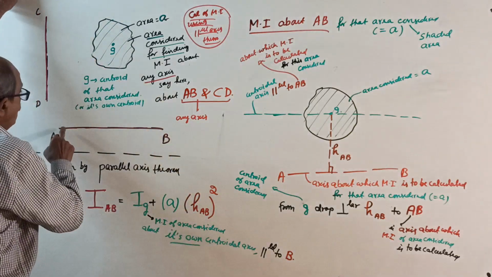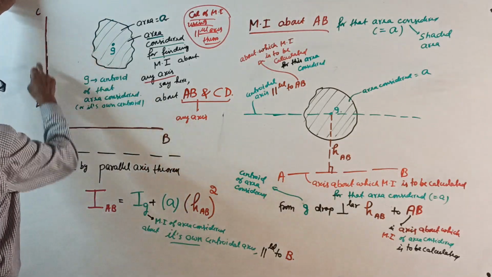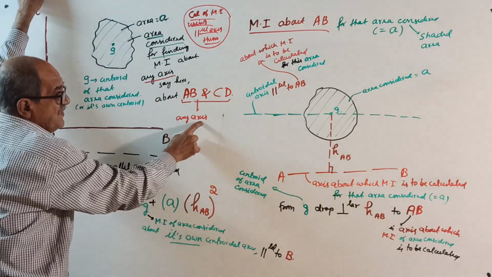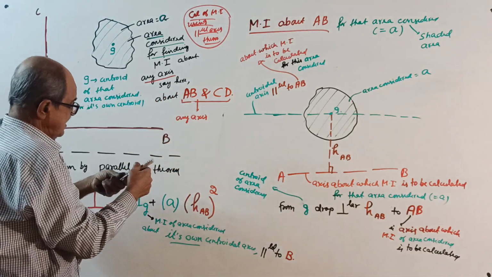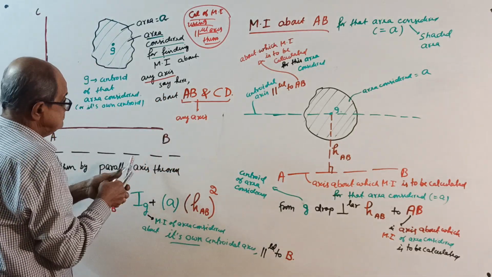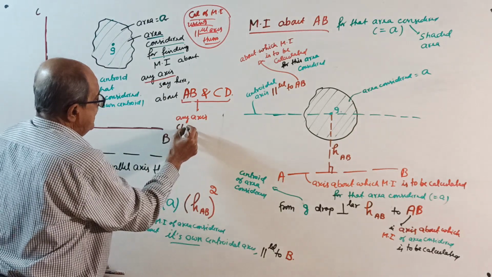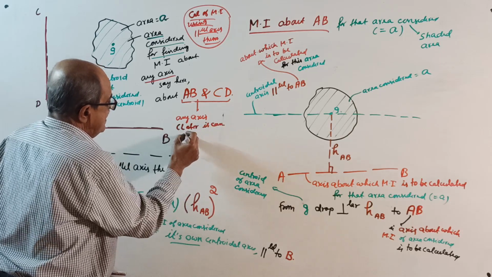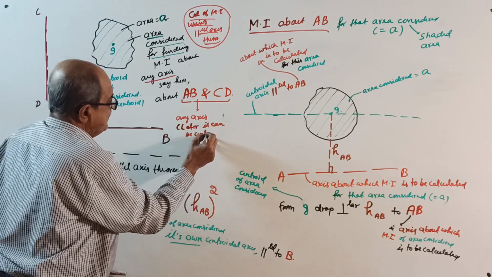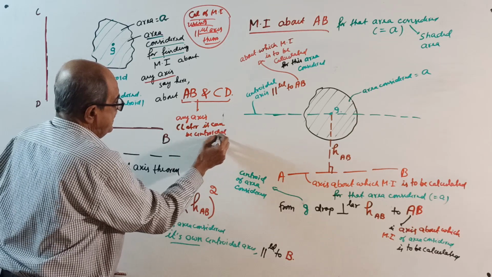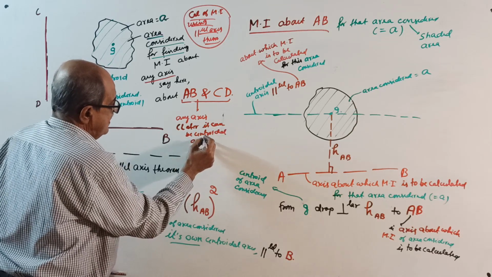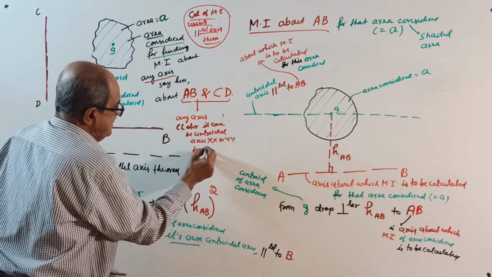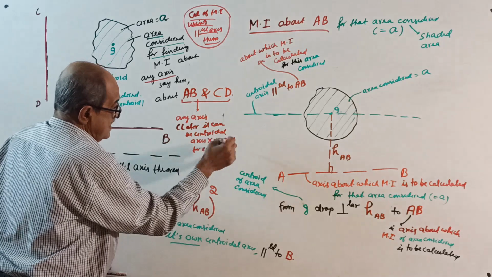Okay, now one axis AB, one axis CD, you write here. About AB and CD, any axis, later it can be the centroidal axis XX or YY for the entire lamina.